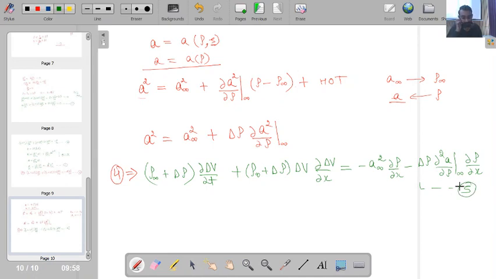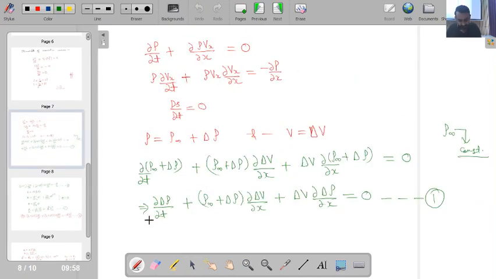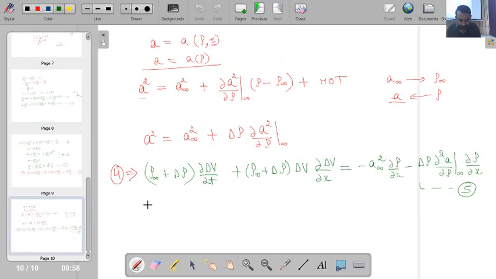Okay, so this equation is coming from the momentum equation, and one equation I have already written is coming from the continuity equation: del rho by del t plus rho infinity plus delta rho, del by del x of delta v, equal to 0.